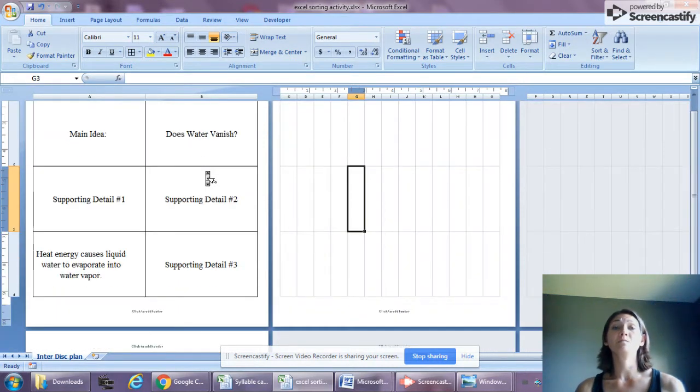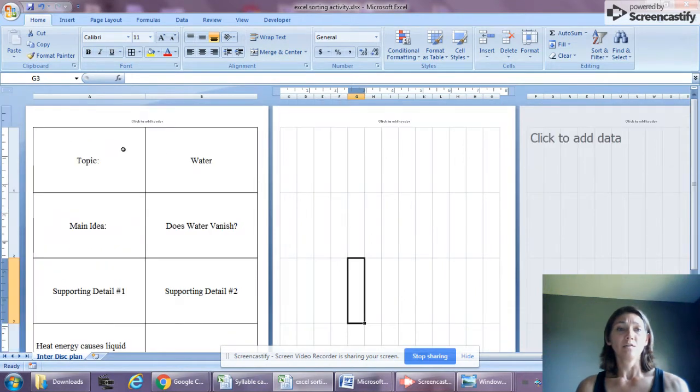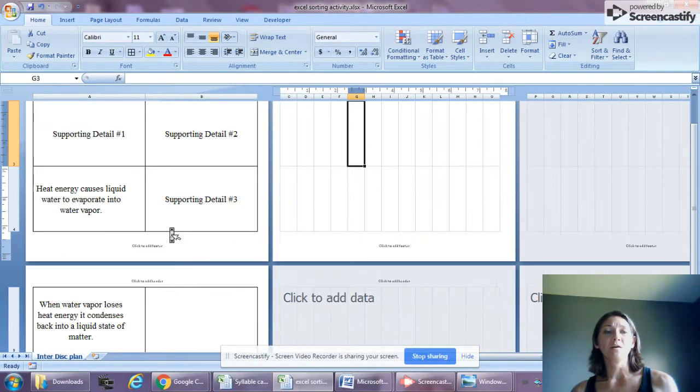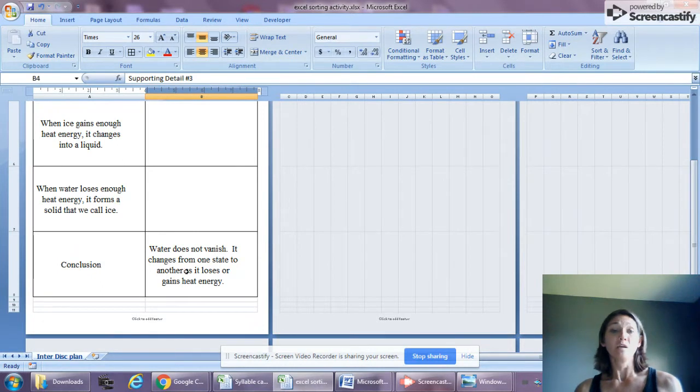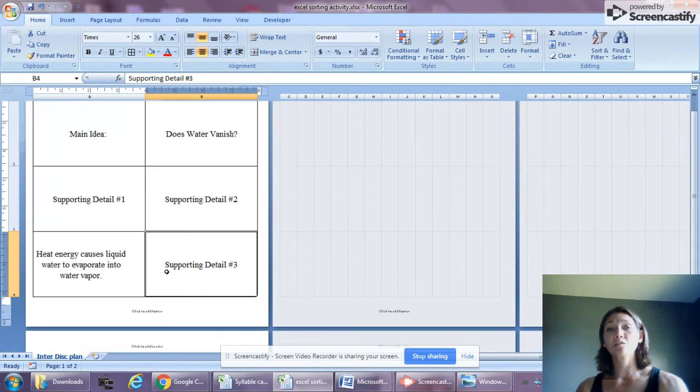And when they think they've got them sorted, they have to decide whether the main idea is water or the topic is water. So they have to know which one's more specific. You have a topic, but what's the main idea? It's a little bit more specific. So they also have to know supporting details, and then the conclusion at the end, which they'll have to match up, that water does not vanish, because that was the science question we started with.